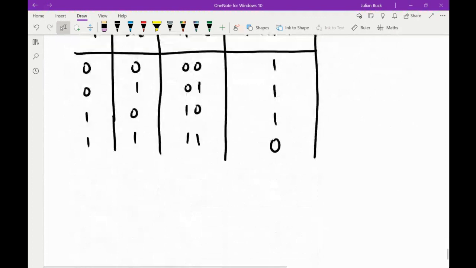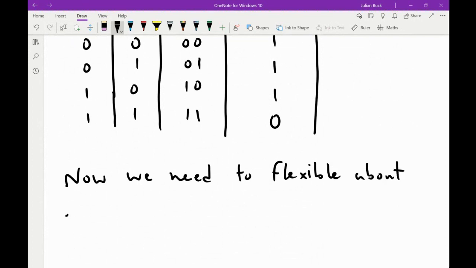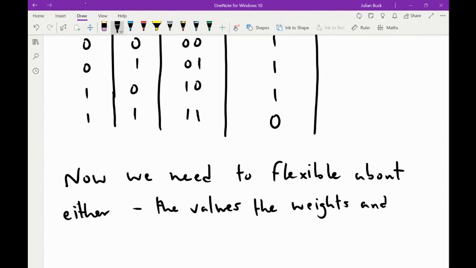Now we need to be flexible about either of two options. The first is the values the weights and/or bias can take.